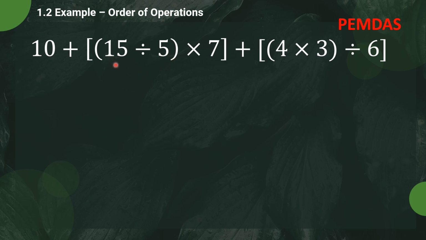So here's a little set of parentheses and then a bracket and a bracket. So that means the bracket is kind of a bigger set of parentheses. So it's kind of like this is a bigger set right here. And then we have another kind of big set over here. So it's almost like we have three parts to this problem.